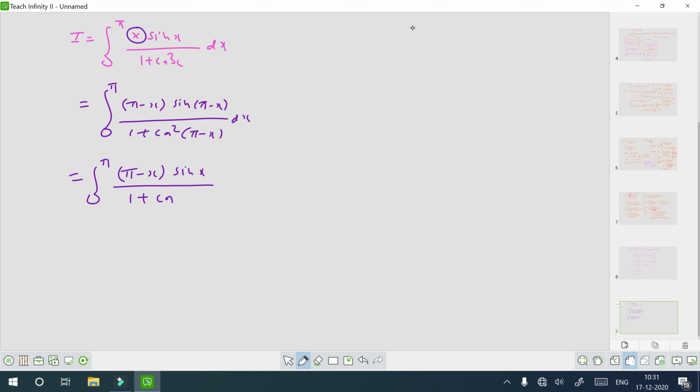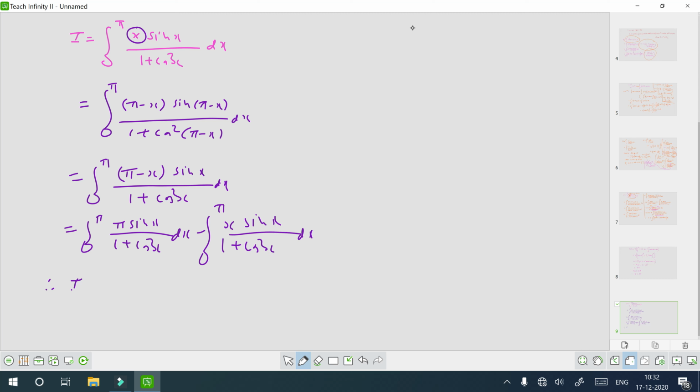Cos function negative, but square is there, so this thing. So now separate it. 0 to pi pi sin x over 1 plus cos square x dx minus 0 to pi x sin x over 1 plus cos square x dx. થાય કે ના થાય? થાય.